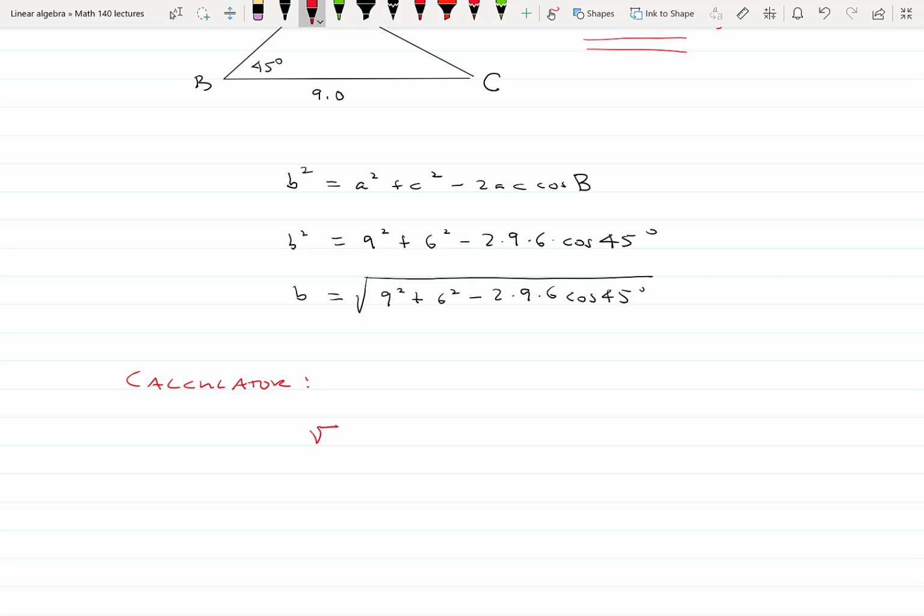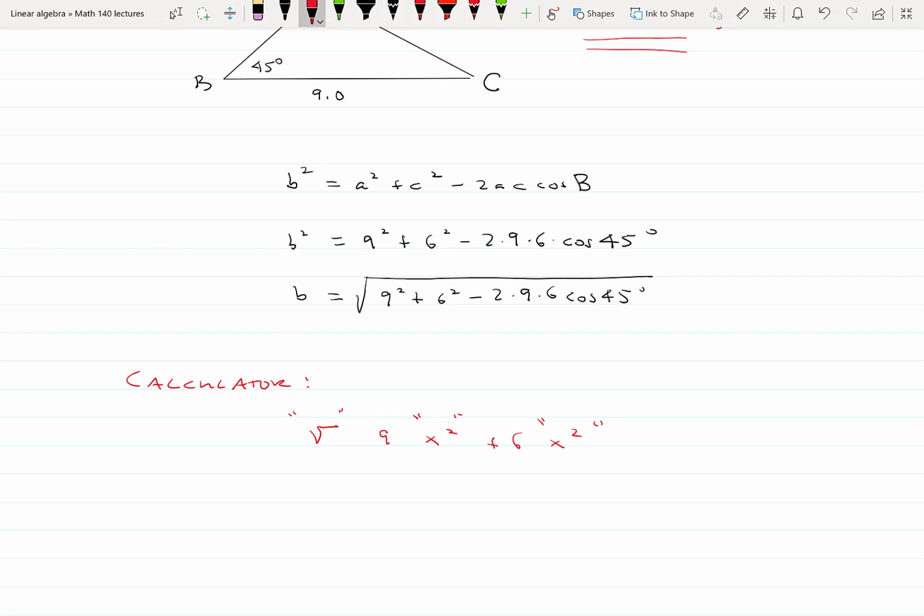As long as you don't push the right button and get out of the radical, your calculator will extend the radical sign through your whole computation. Then you enter it just the way you see it. You push 9 and then the x squared button, plus 6 and the x squared button.